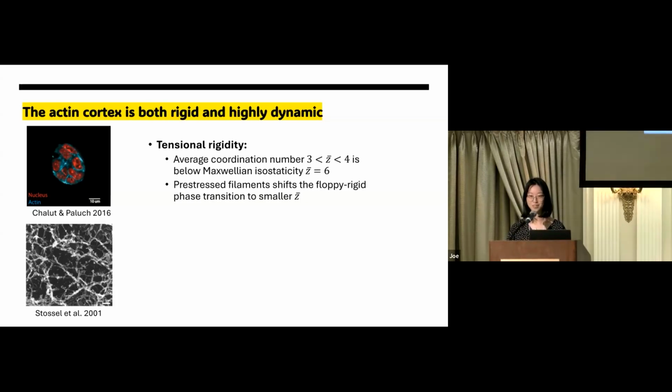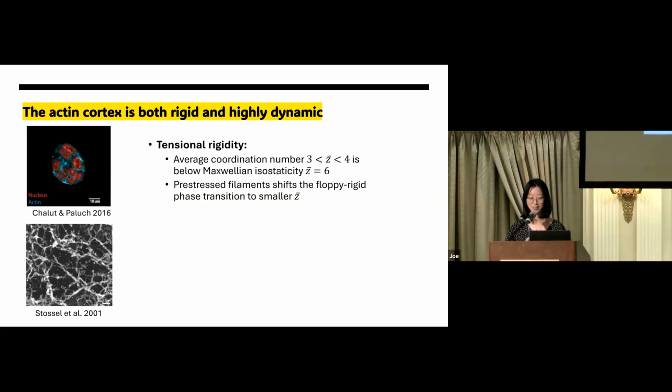That is below the Maxwellian isostaticity condition, which says you need 6 filaments per crosslinker to stay rigid, because you need to constrain up and down, left and right, front and back in 3 dimensions. But the cell does it with a lower coordination number. That is because the filaments are undergoing some pre-stress. As a filament is incorporated into the cortex, it is already pre-stretched, and this pre-stress shifts the floppy-to-rigid phase transition to a smaller coordination number.